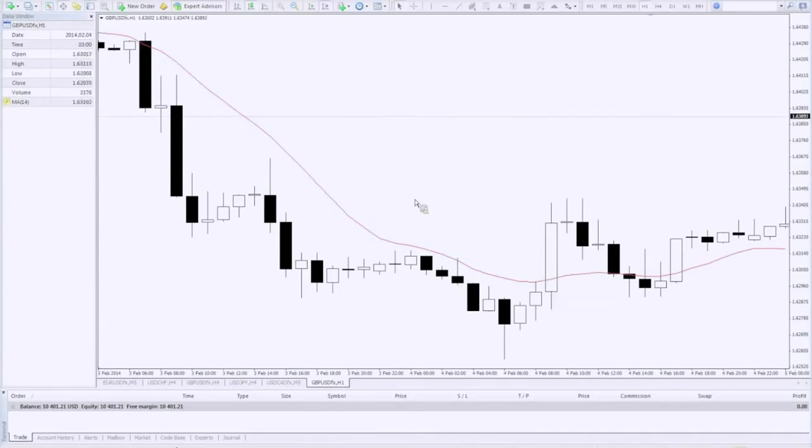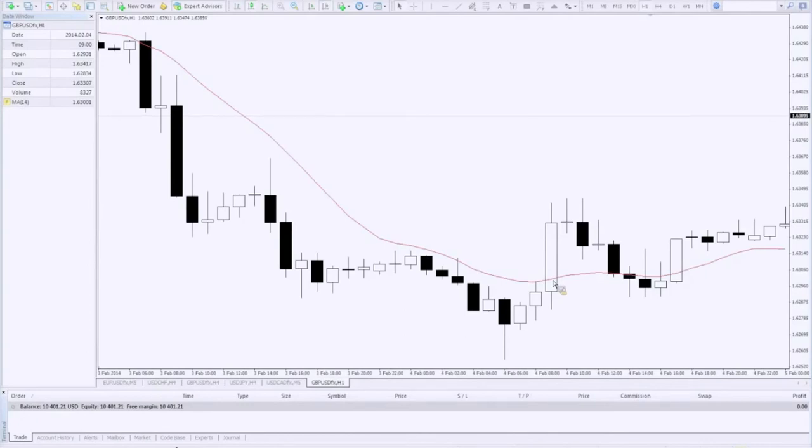If you look in the data window up here, you'll see that I have a price of 1.63001. Also, if I look in the data window at the close of this candle, you'll see that the close is 1.63307, which means it closed at a price higher than the moving average.